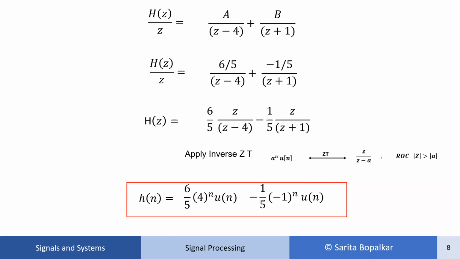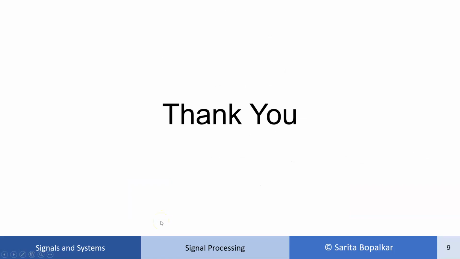And whenever you apply partial fraction to get h of n, remember we apply it to h of z upon z. So this is the way you can find the impulse response of a discrete time LTI system from a difference equation. Thank you.